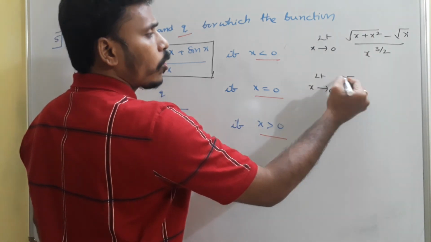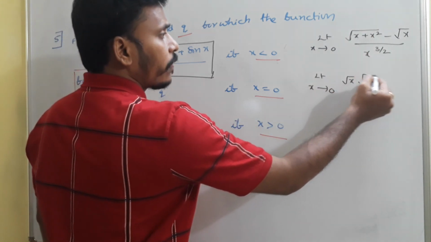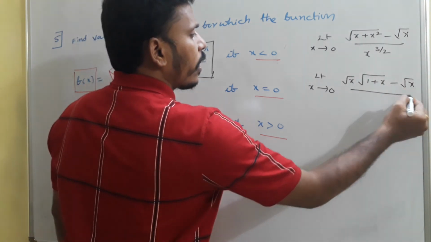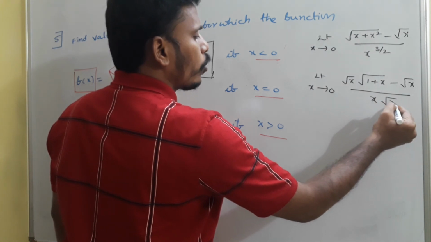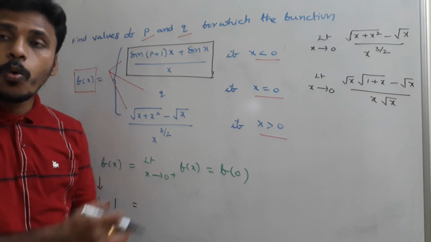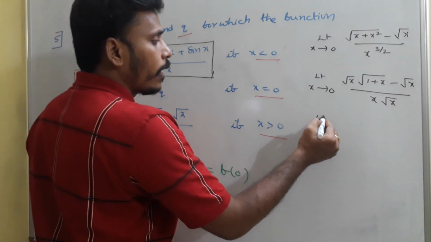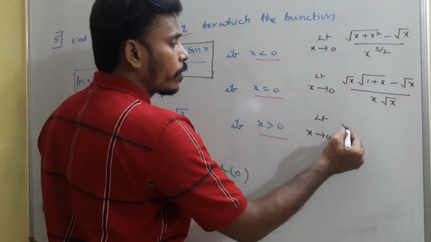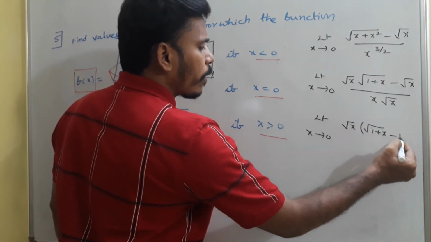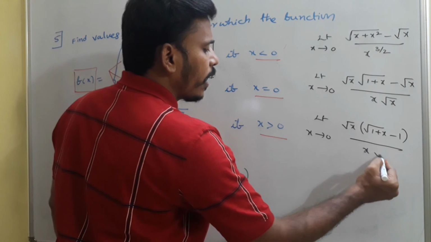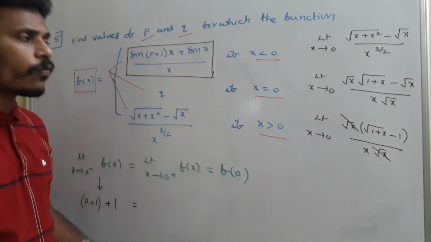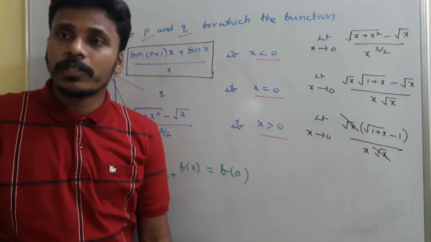You just pick out root x, then you will get root of 1 plus x minus root x, divided by x power 3 by 2, which is simply x root x. Just have a look how we are rewriting. You pick root x out, then you are left with root of 1 plus x minus 1 divided by x root x. So you just cancel out this root x. Now what we have? Root 1 plus x minus 1 by x.